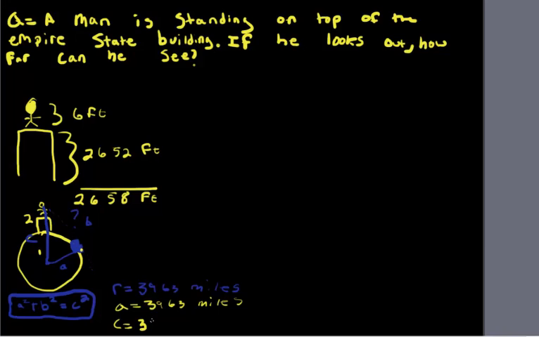So for part 1, 3,963 miles is the first distance. But then we have to add in the second distance. Okay, that sounds reasonable. Why don't we do that? Well, we already did that. We know that from the ground to the top of the man's head is going to be 2,658 feet. So let's just put that in there.